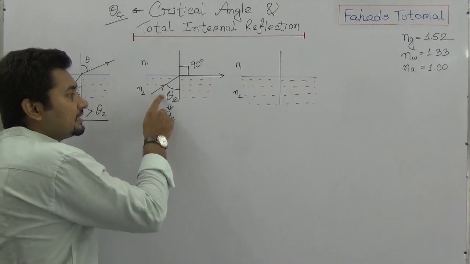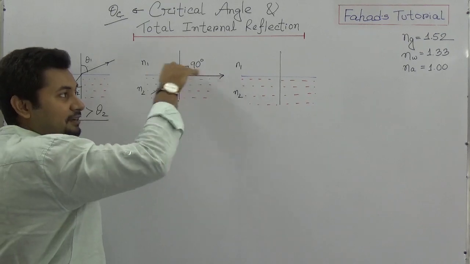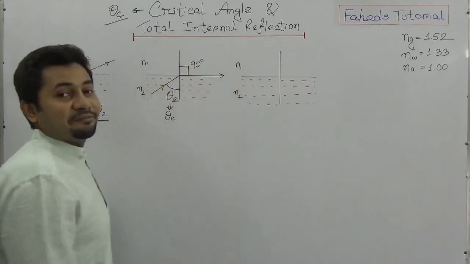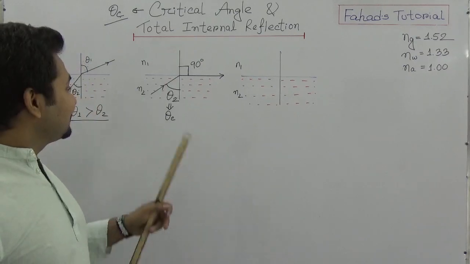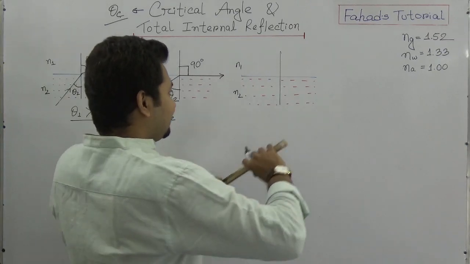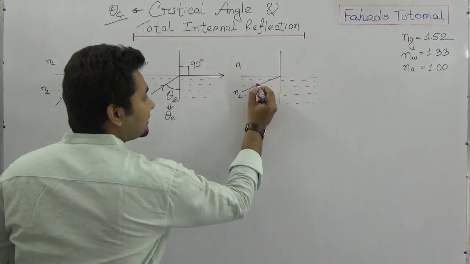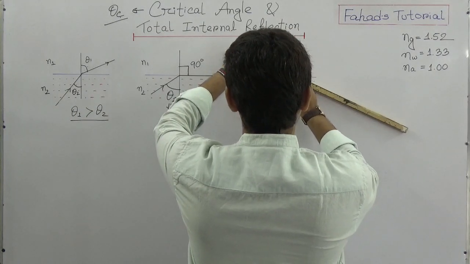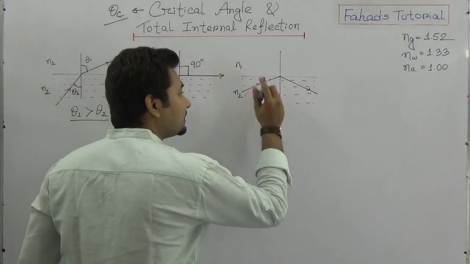If the incident angle is greater than theta C, what will happen? Then the ray will not be refracted; it will come back to the previous medium as a reflection of the light. Think about the picture. Suppose theta C is 65 degrees and the angle is now 70 degrees. Then it will definitely reflect back to the previous medium.